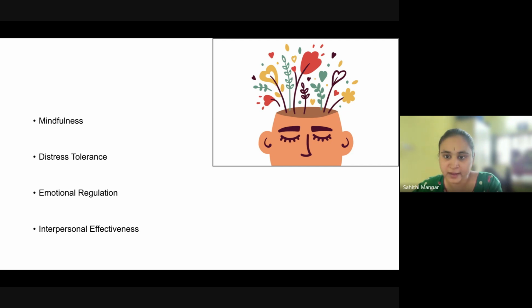Now, the textbook definition of interpersonal effectiveness is a mix of everything that you have just told, maintaining healthy relations. So, these skills enable individuals to communicate their needs very assertively, maintaining healthy relationships, and also respecting themselves and respecting others, right?